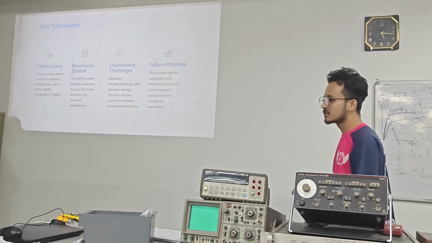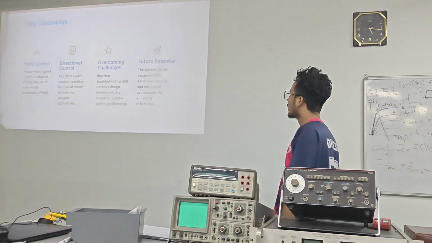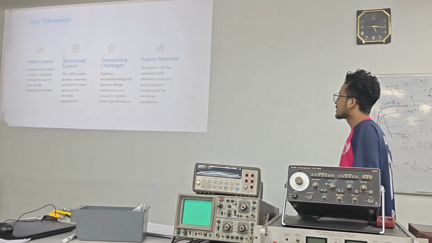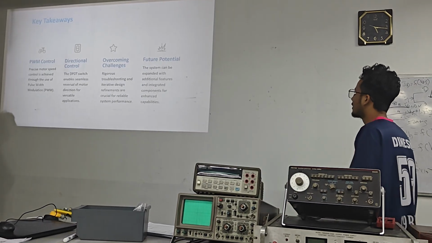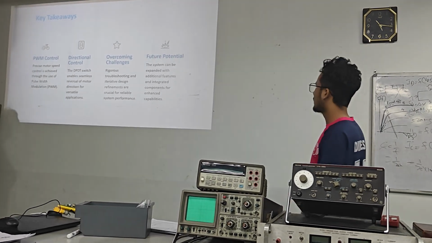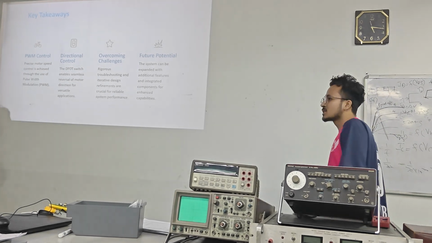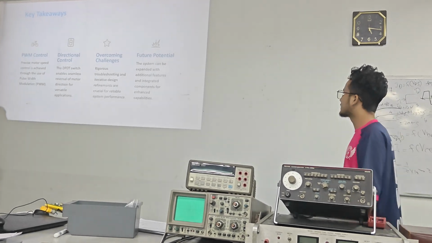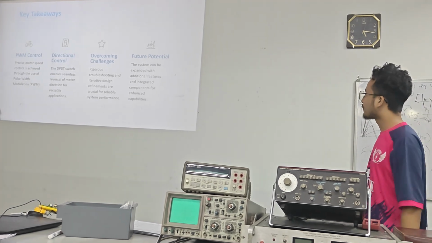Direction control: we used a DPDT switch, double pole double throw switch, for reversing the direction of the DC motor. Overcoming challenges: rigorous troubleshooting and iterative design refinement are crucial for reliable system performance. Future potential: the system can be expanded with additional features and integrated components for enhanced capabilities.